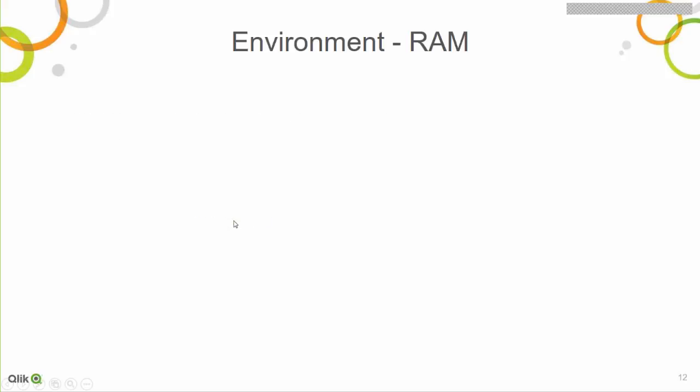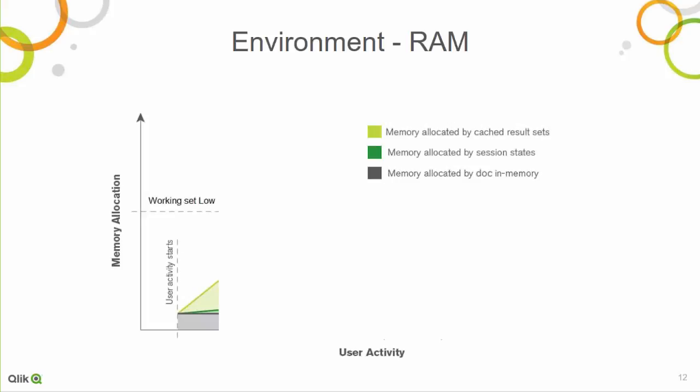Let's look at some examples to show you how QIX Engine actually utilizes and releases the memory in different situations. So in this example, this is a picture showing at this point a user is opening up an app.